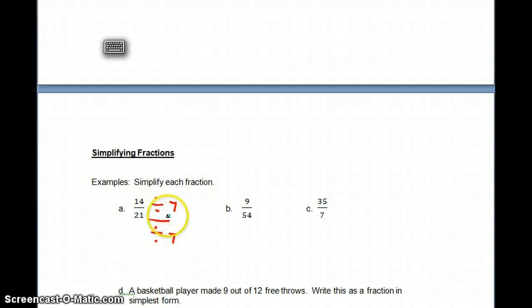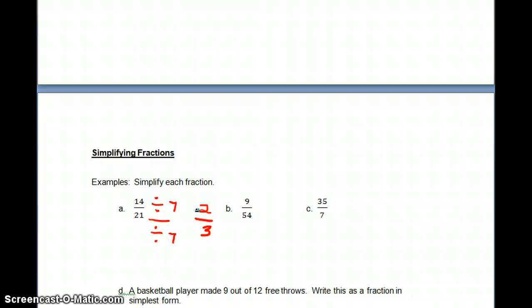If we divide out a 7 from both of those, we will end up with 14 divided by 7 makes 2, and 21 divided by 7 makes 3. So example A reduces to 2/3.